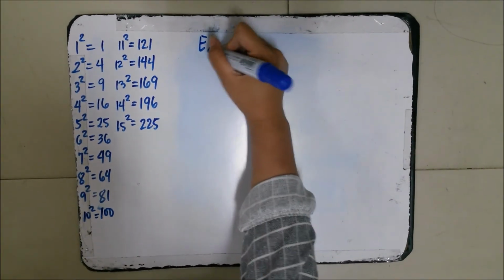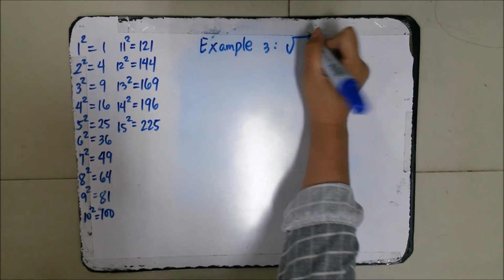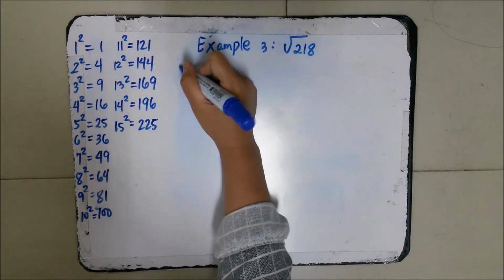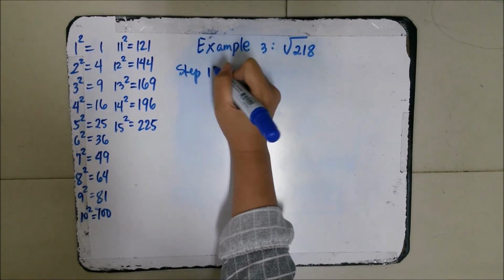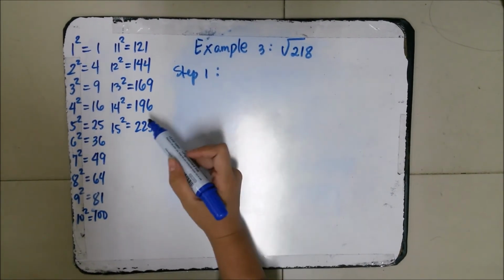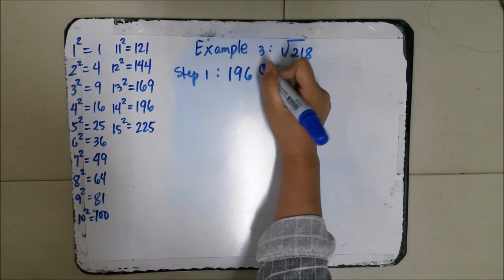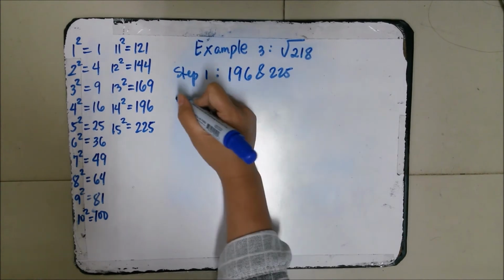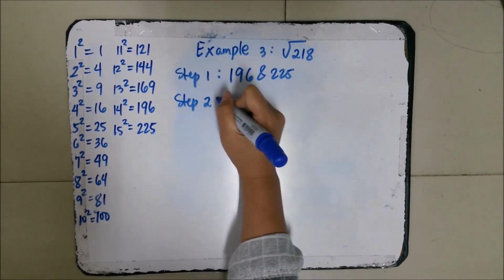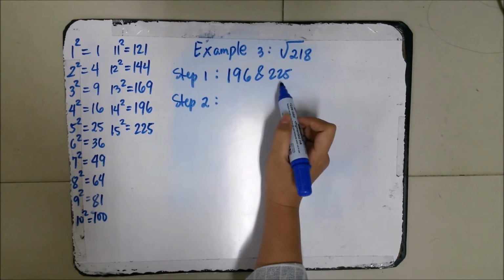For our example number 3, we will find the square root of 218. Step 1 again is to determine the pair of perfect squares the number falls in between. So 218 falls between 196 and 225. Step 2 is to count the number of integers between 196 and 225.